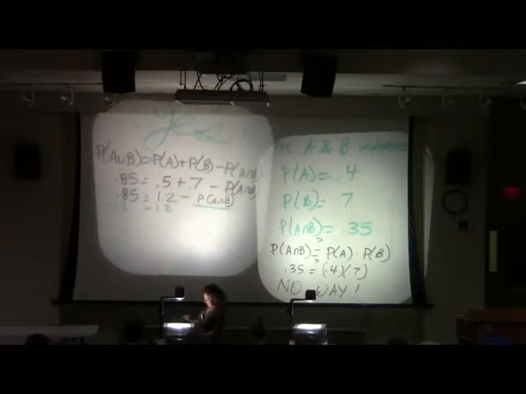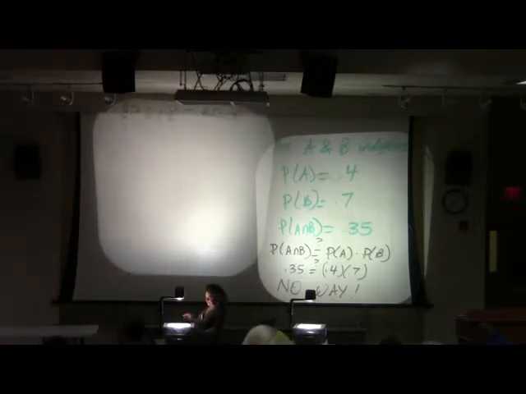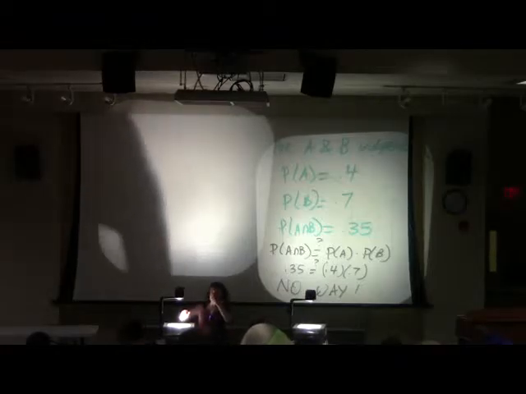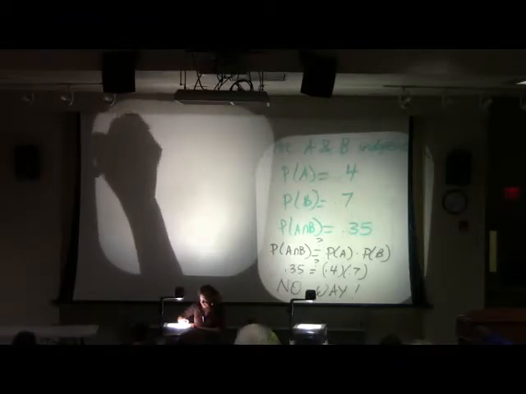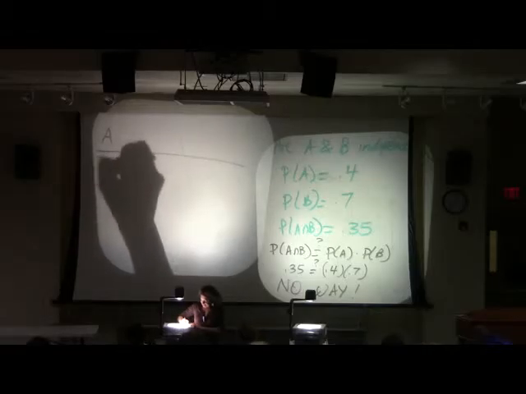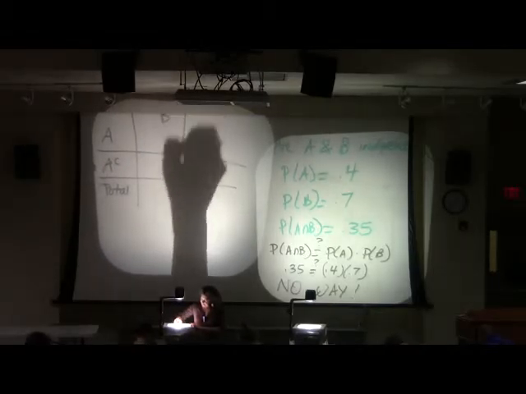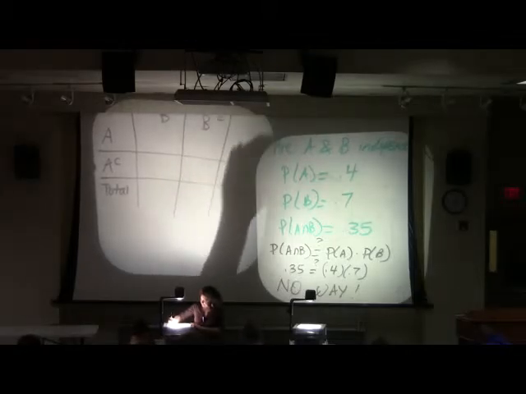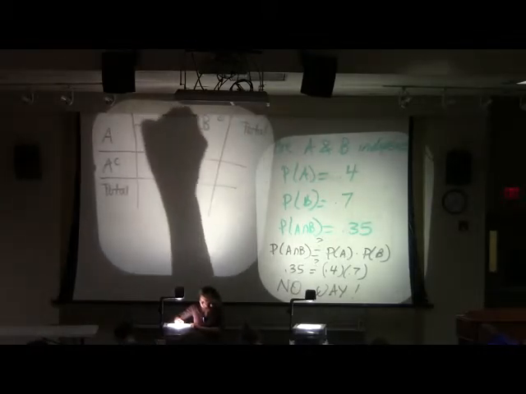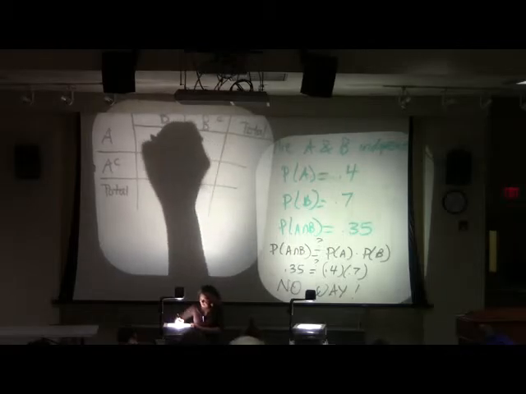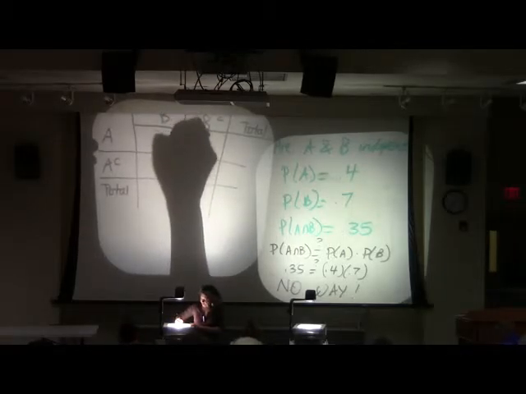All right. Let's answer one more independence question using a table. Let's have event A and A complement and then total. And then we have B, B complement, total. And I don't know, let's fill in numbers. How about a 4?